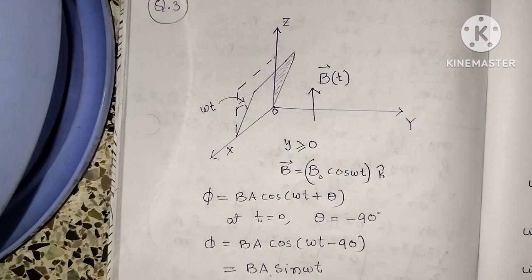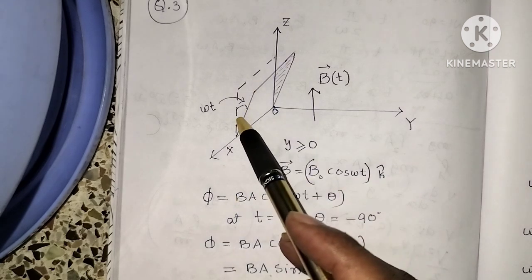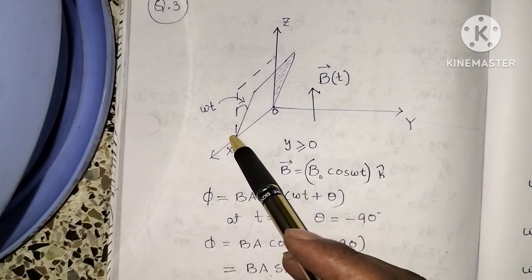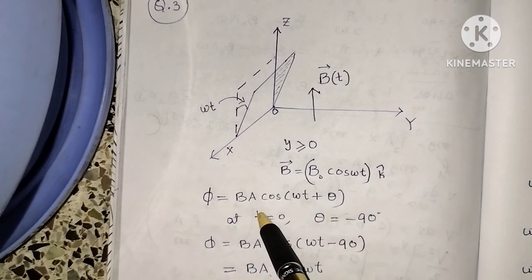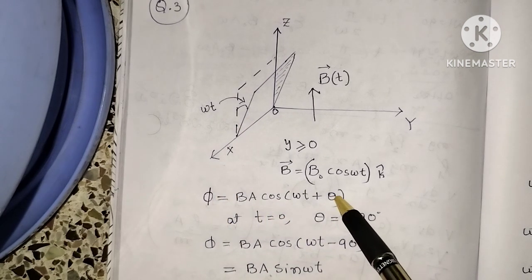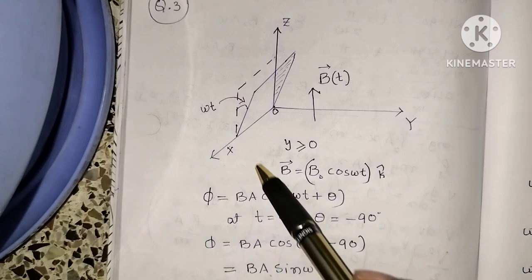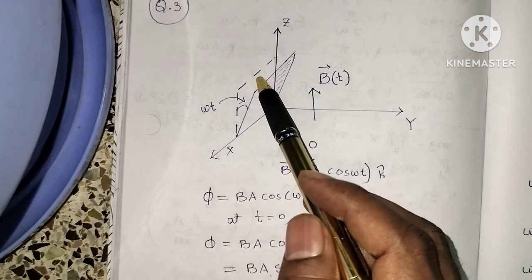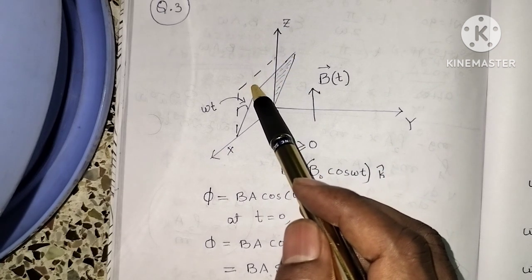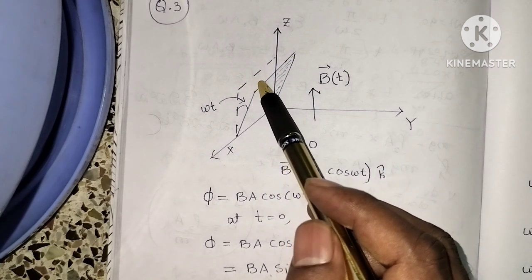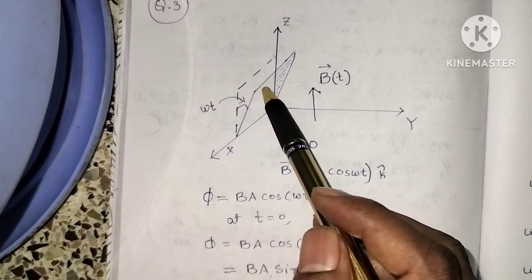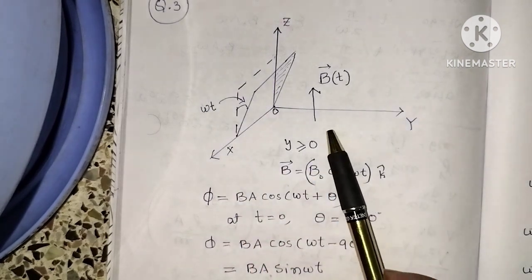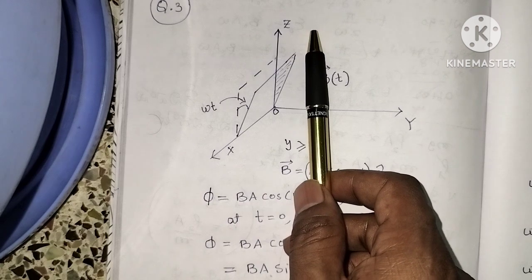The basic formula: the flux through this square loop, phi, is equal to BA cos(omega t plus theta). Theta is the phase constant here. When t equal to 0, the square loop is in the xz plane. So the area is along this direction, and this is the direction of the magnetic field.